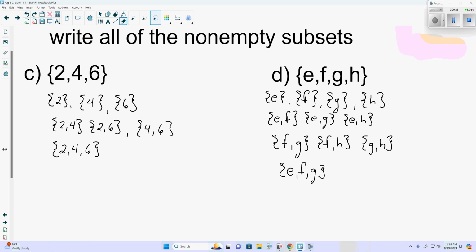Almost. There's actually more with E. There's E, F, G. E, G, H, yes. But we also have E, F, H. And then, almost forgot. Because we have E, F, G, E, F, H, yes?